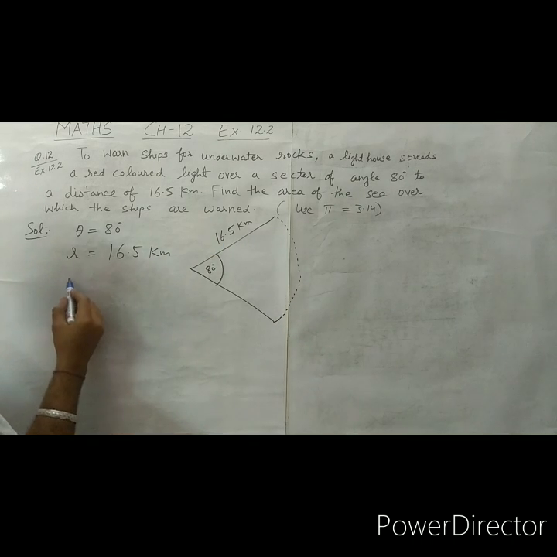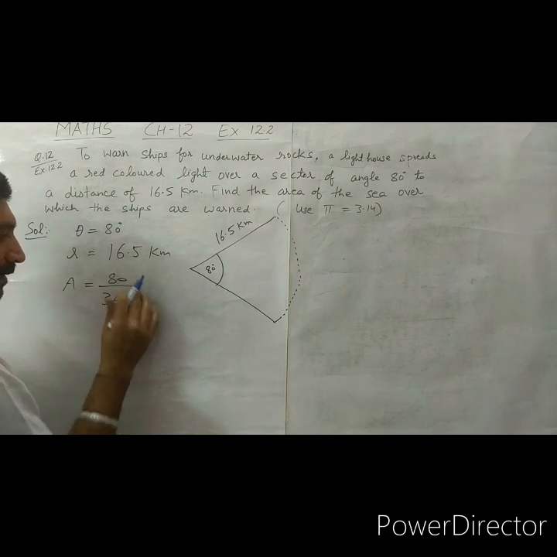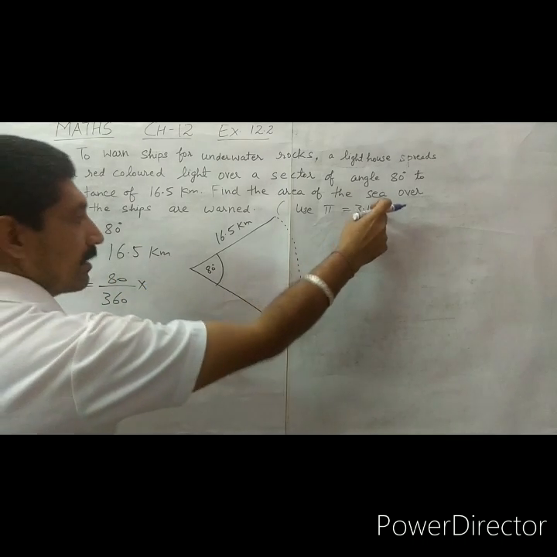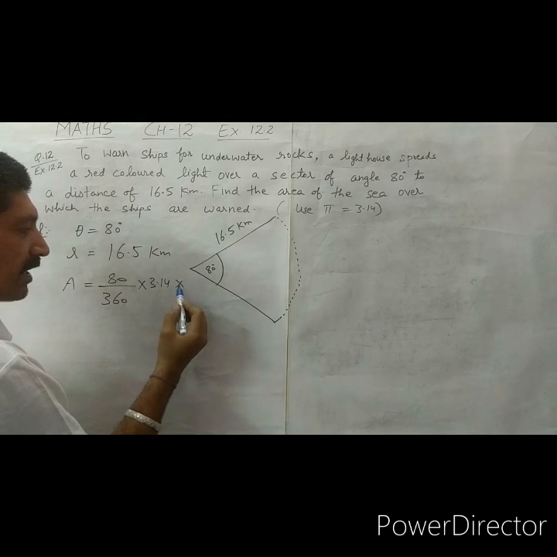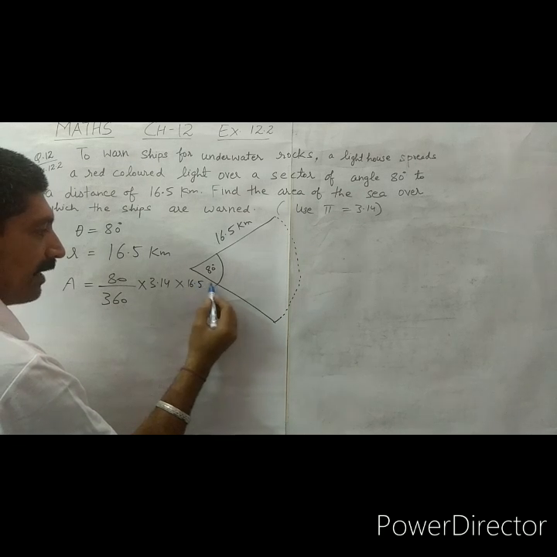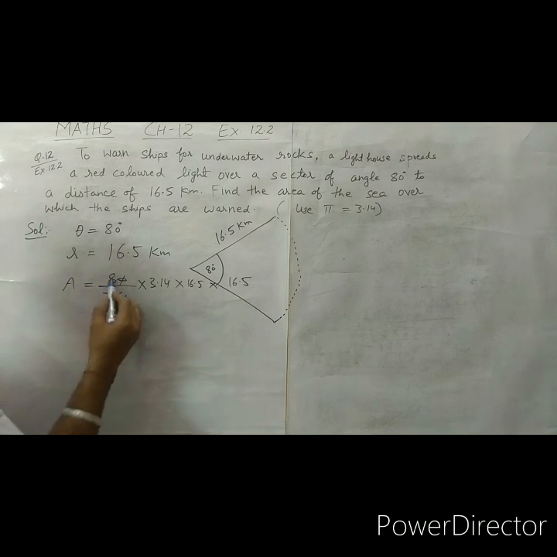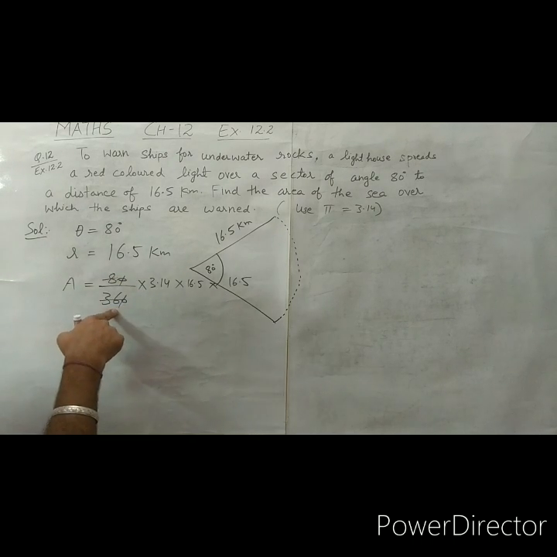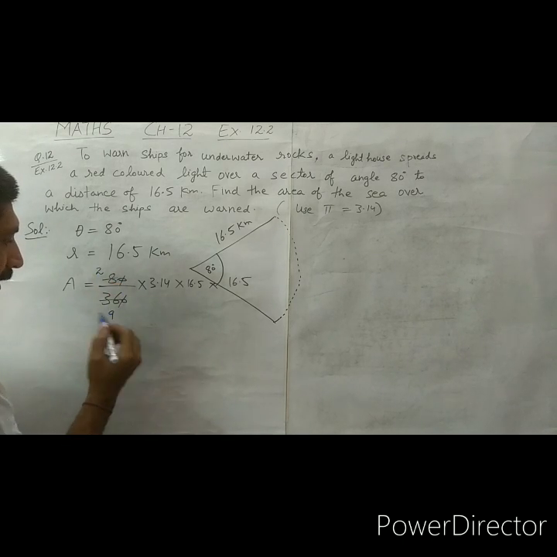So here the area of the sector is equal to theta upon 360 into pi, 3.14, and r square here is 16.5 into 16.5. So here 4 twos are 8 and 9 fours are 36.